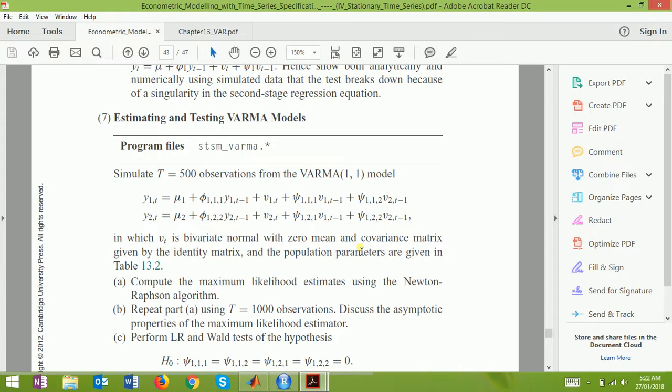We have two systems of equations, and as we can see, phi 111 would mean lag 1, equation 1, variable 1, and lag 1, equation 2, variable 2. In both cases of autoregressive and moving average parameters, this is how the models are developed.